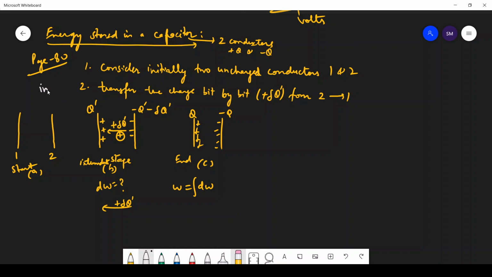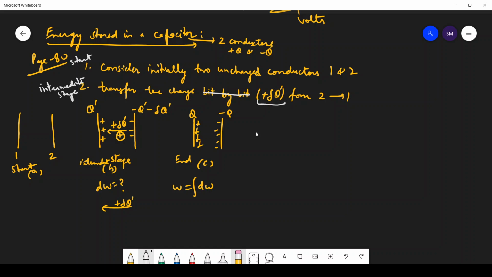So this is point number 2; this was the beginning, the starting stage, and this is the intermediate stage where you are transferring the charge. Bit by bit is not required, just this much charge you are transferring at a particular stage. We were transferring bit by bit, but there came a stage when the charge here is Q dash and here the charge is minus Q dash, and now I'm transferring this charge plus delta Q.